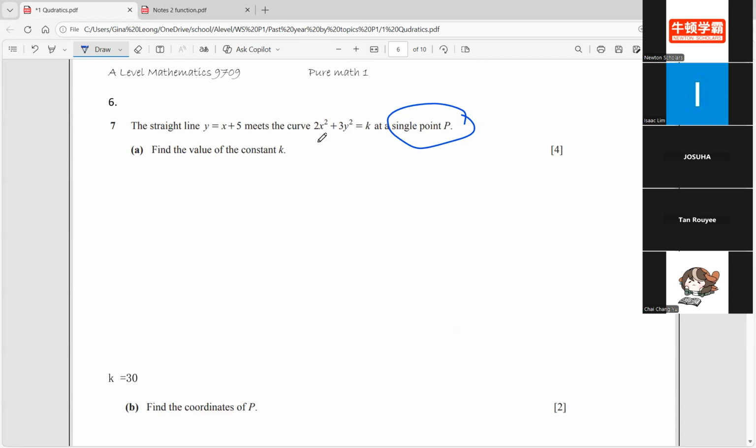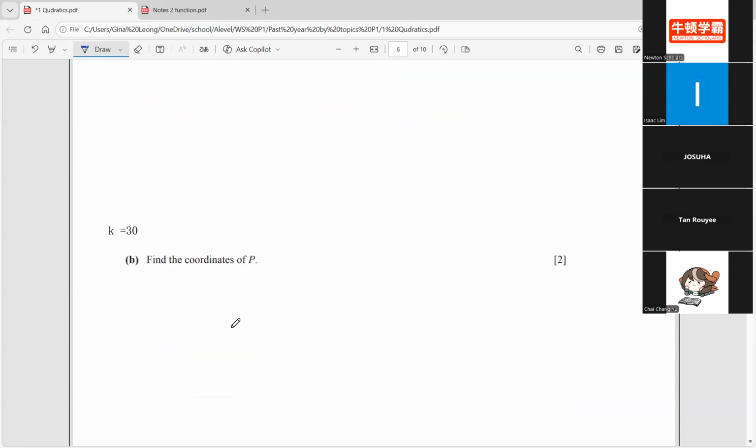Once you get the k value you put in here, you will be able to get the coordinates for the p. You can try to do this one now. Okay, correct.